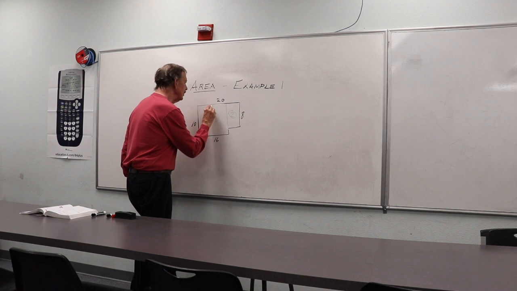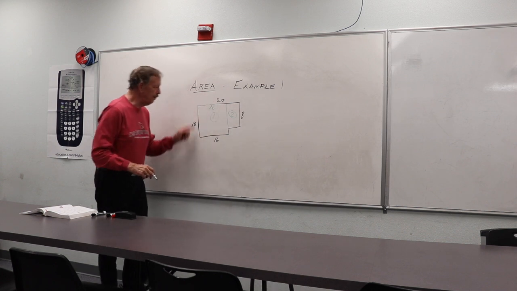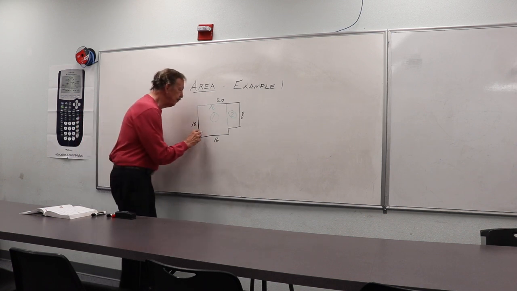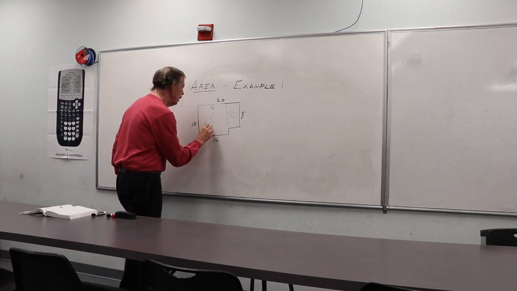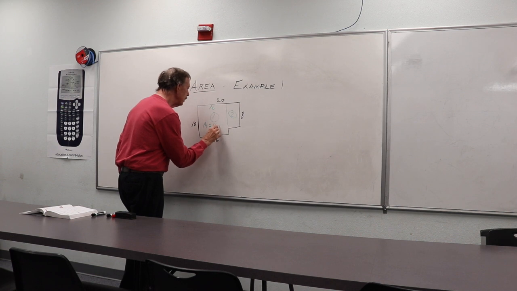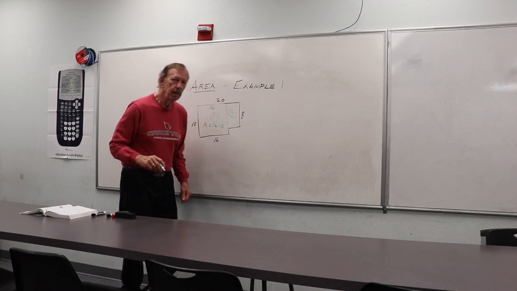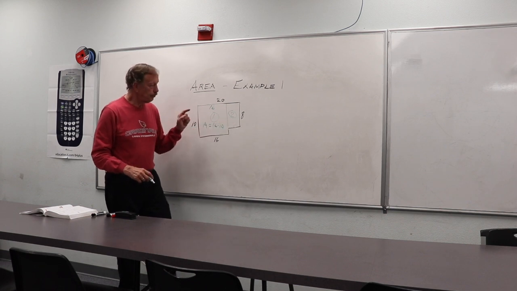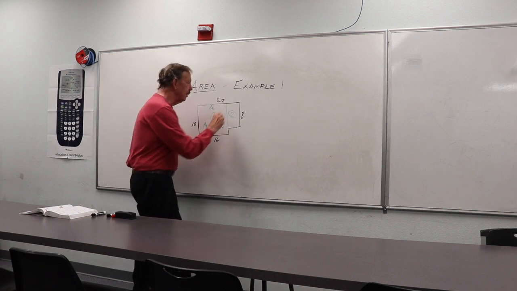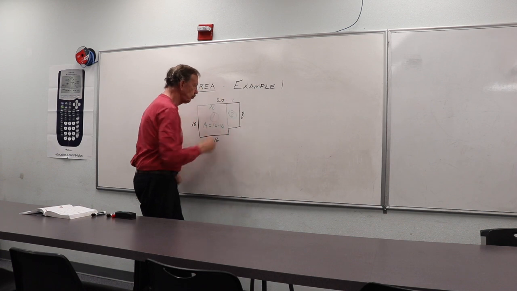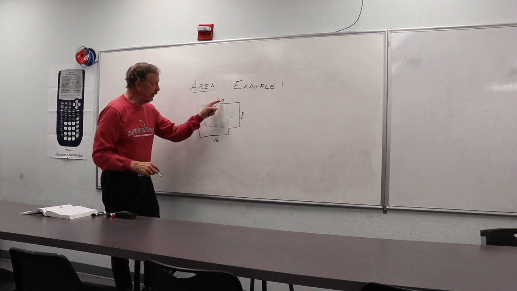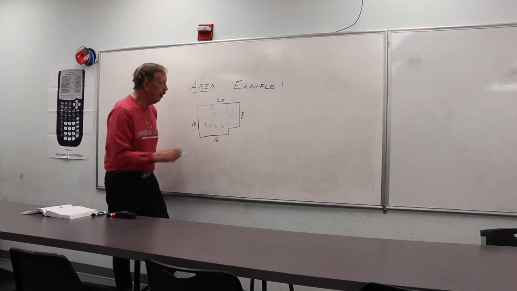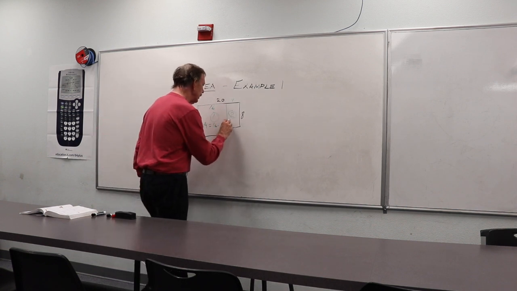This piece is 16, this piece is 10, so the area is 16 times 10. In this rectangle, we have 4, the difference between 20 and 16, and 8. 4 times 8 is 32.